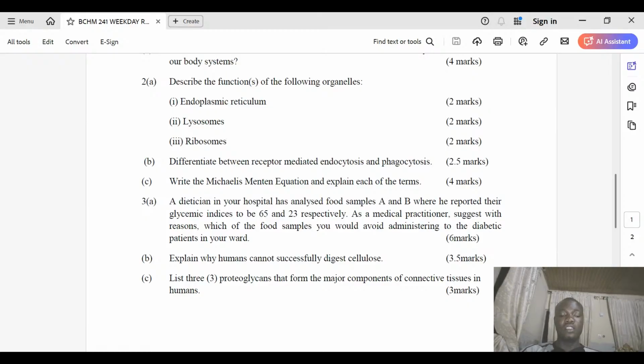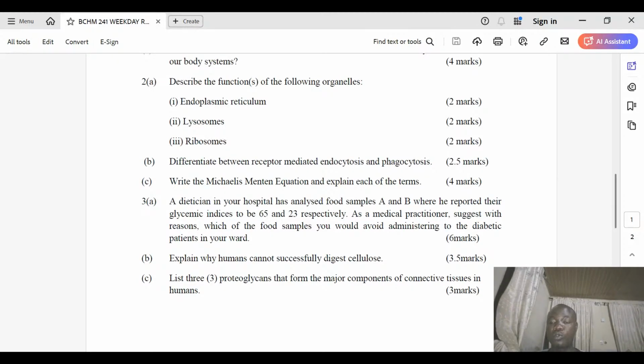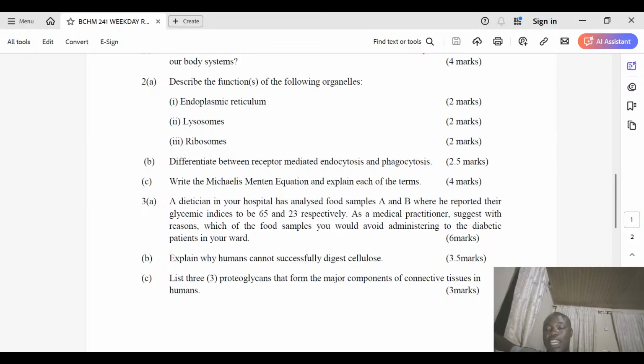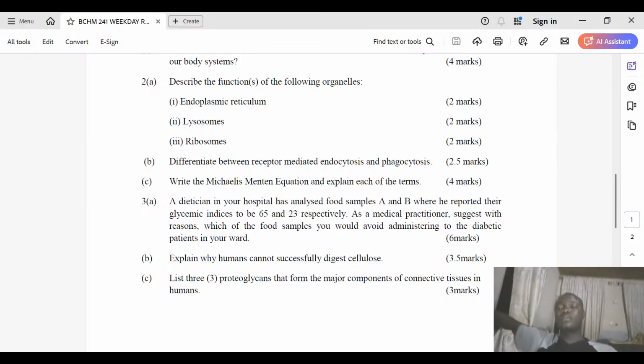Let me write it. So look at the correct spelling: Michaelis-Menten constant.